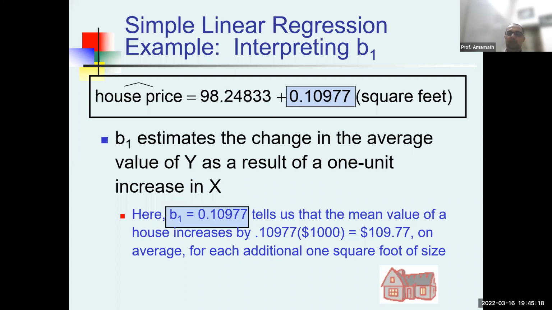For just about 1535 apartment space, for the unit of 5, he will earn 110 into 5, so roughly 550 more dollars. That's the interpretation which you have to make.